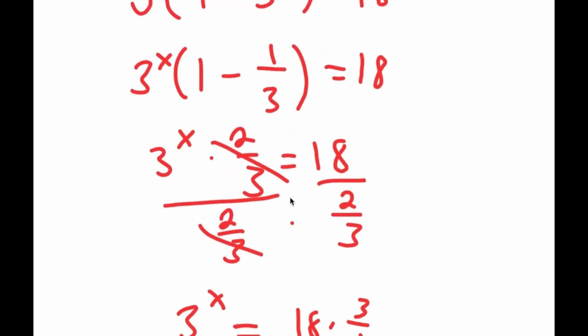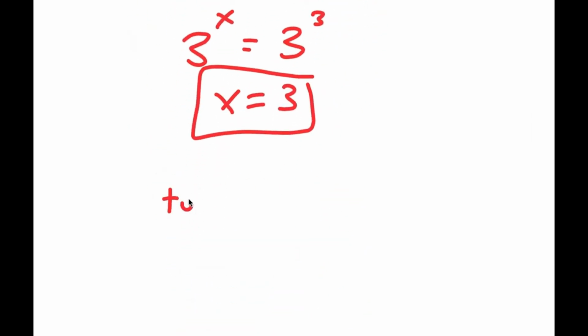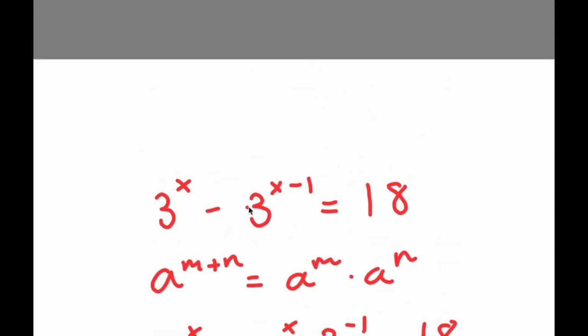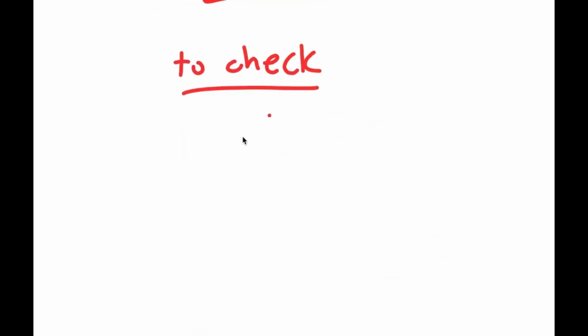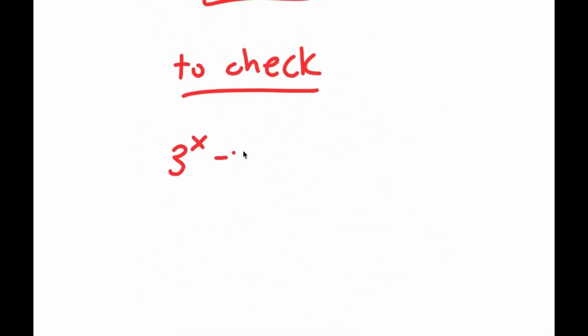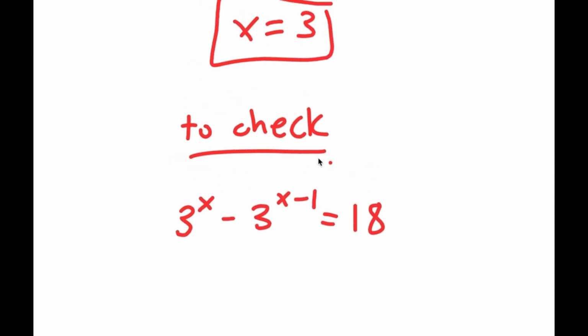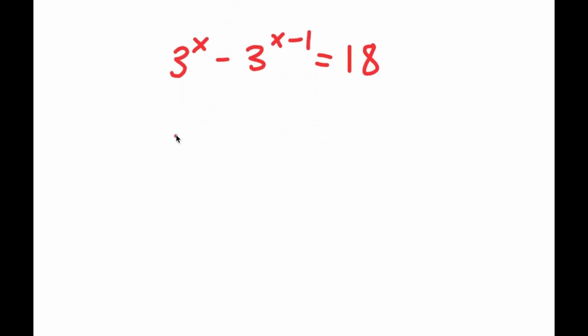So now, to check, I get 3 to the power of x minus 3 to the power of x minus 1 is equal to 18. And x is 3, so I have 3 to the power of 3 minus 3 to the power of 3 minus 1 is equal to 18.